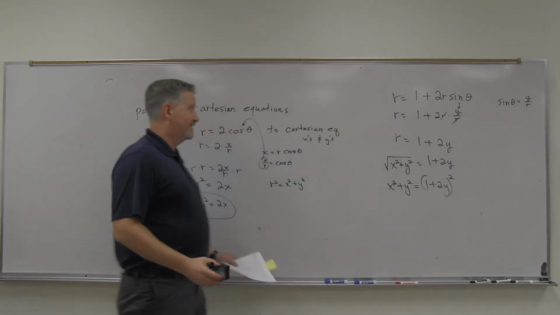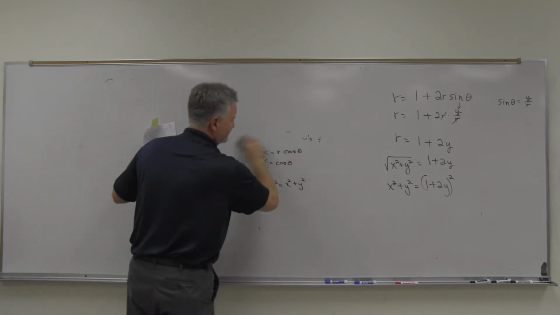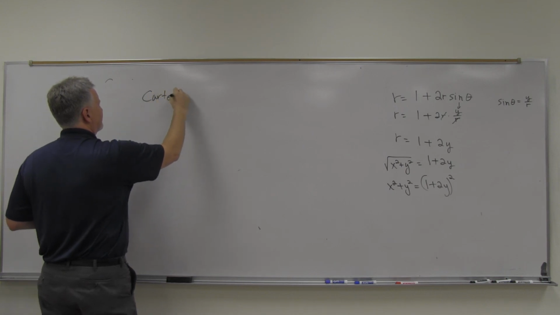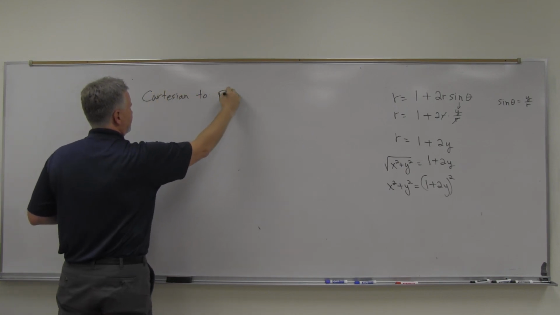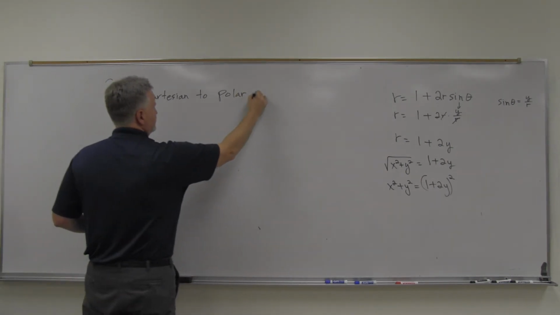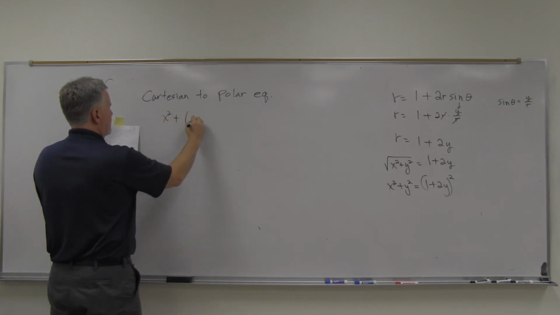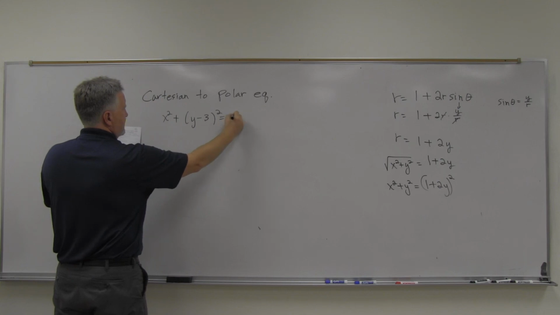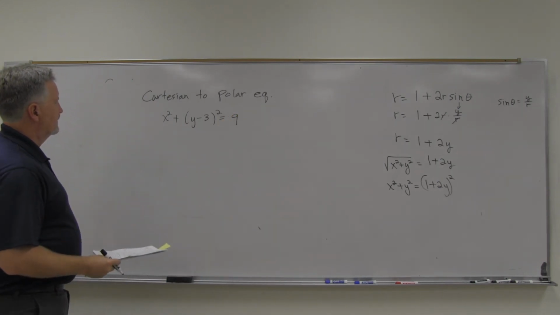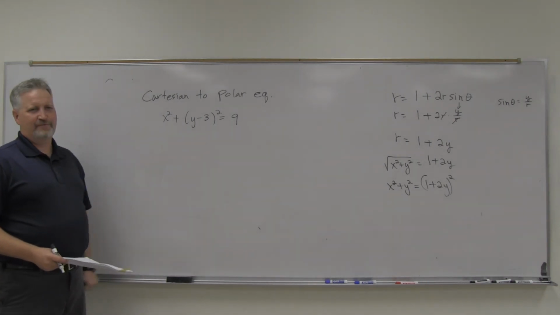If we go the other way, Cartesian to polar, it's sort of the same idea. So we've got x squared plus (y minus 3) squared equals 9. We've got x squared and y.